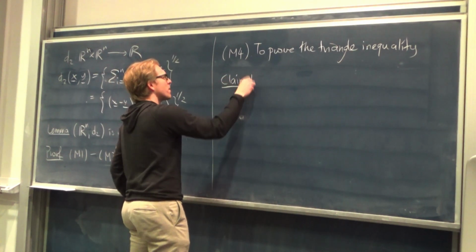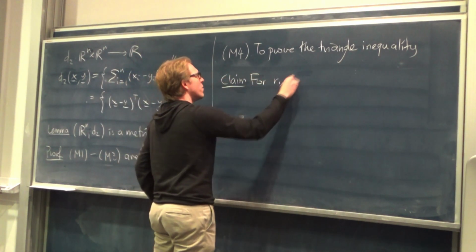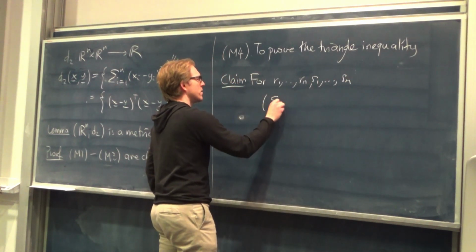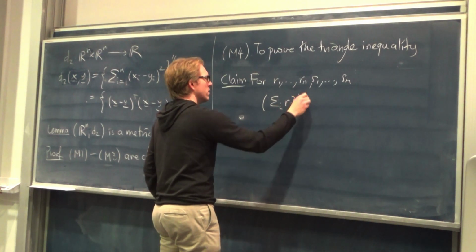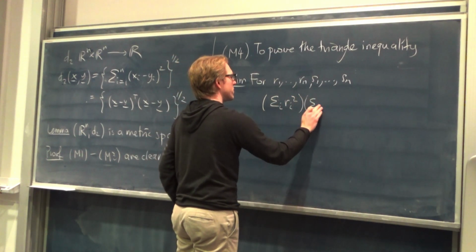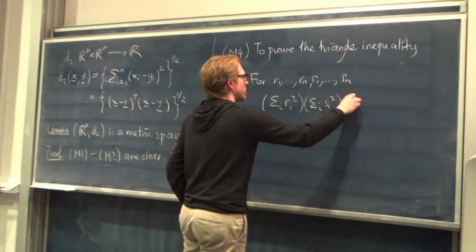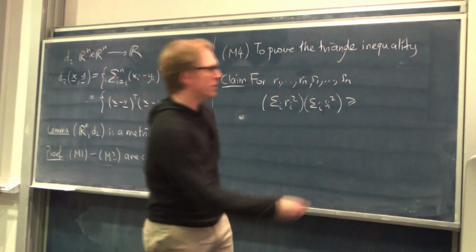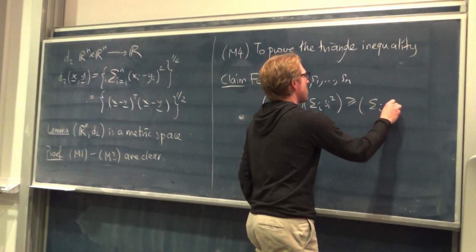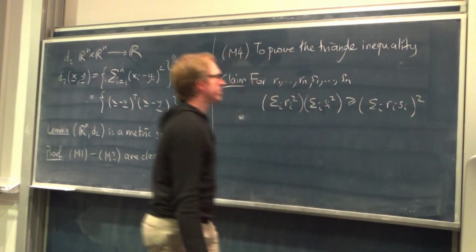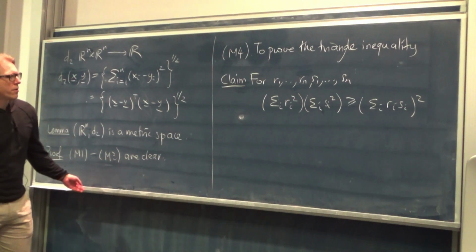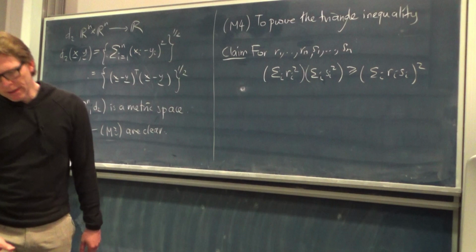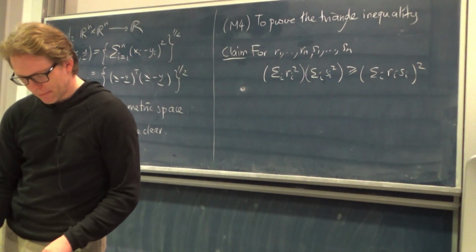So claim: if I have real numbers R1 up to Rn and S1 up to Sn, then... am I getting this right? Okay, so let's prove this first.